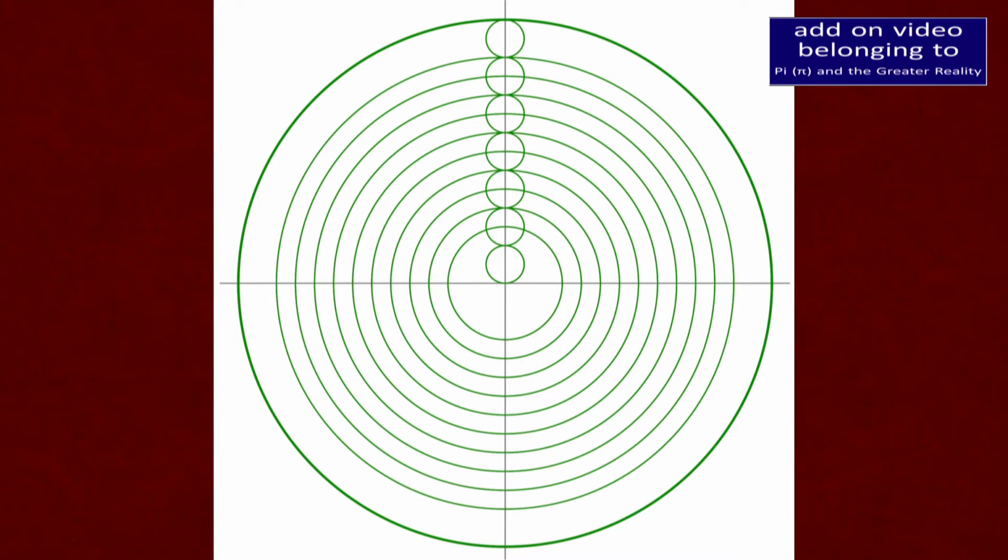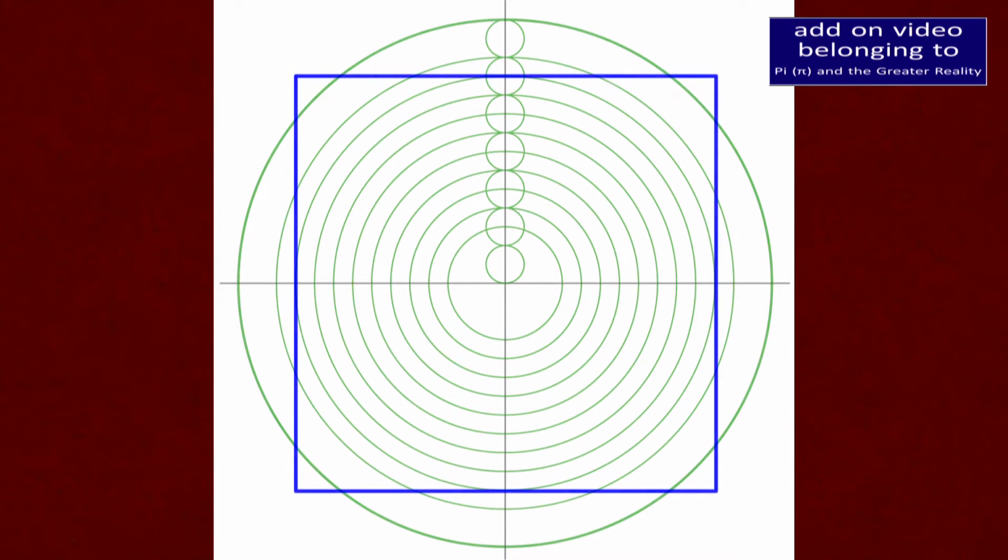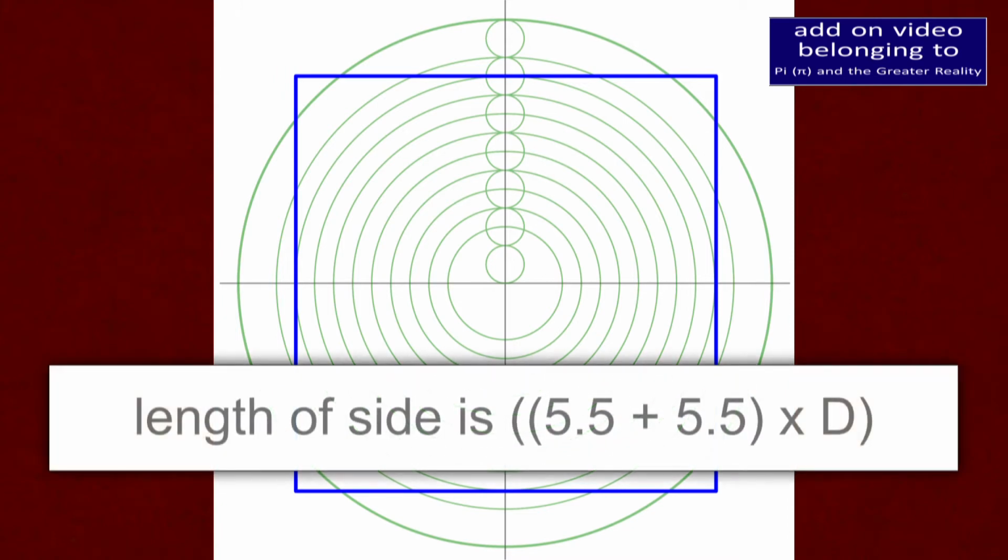We can use the center of the 6th small circle to construct a square. One side of this square will have a length of 5.5 plus 5.5 small circles, or 5.5 plus 5.5 multiplied by d, which is 11 times d.